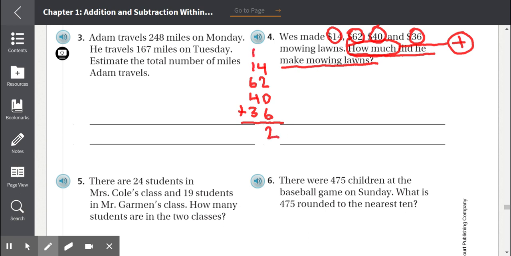We carry our 1 over to the tens place. Now 1 plus 1 is 2. 2 plus 6 is 8. 8 plus 4 is 12. 12 plus 3 is 15. So how much did Wes make mowing lawns? $152.